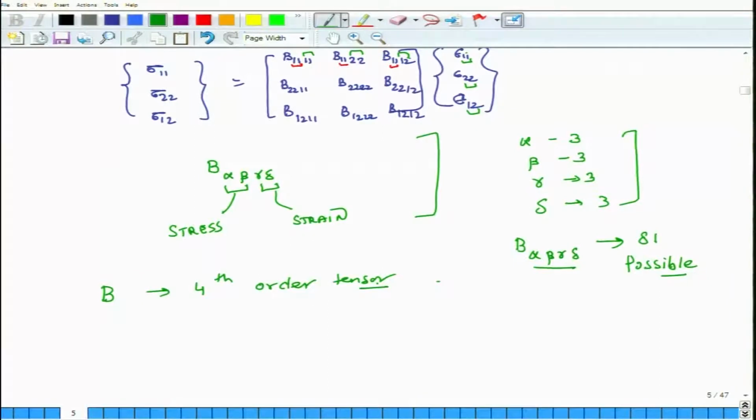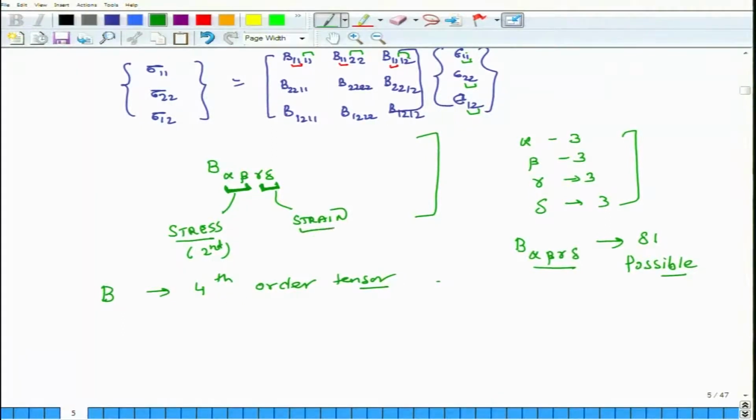Why is B a 4th order tensor? Because it is a constant which connects stress and strain, and the first 2 indices relate to the stress portion and the second 2 relate to the strain. The stress tensor itself is 2nd order, right.